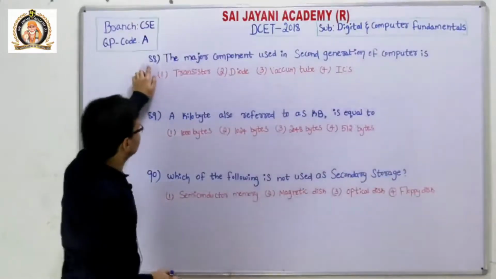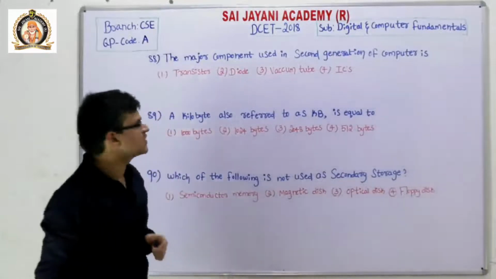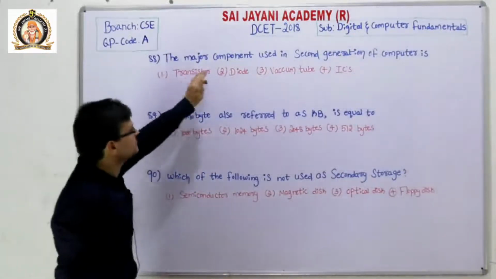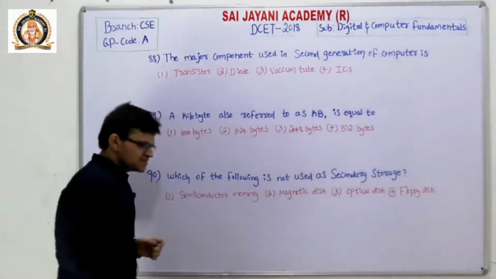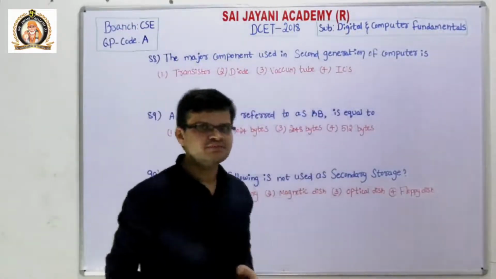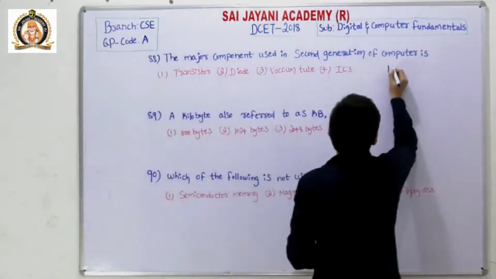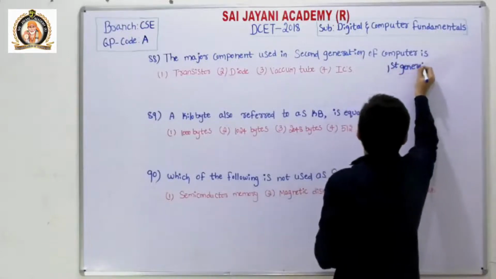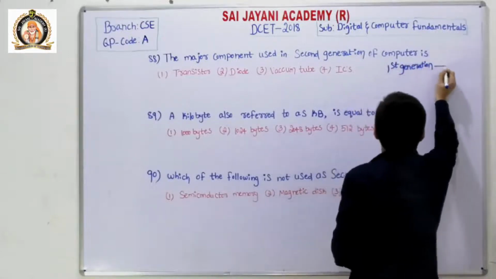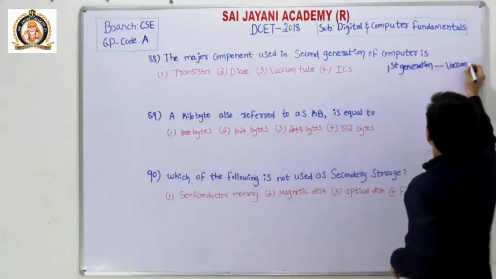Question number 88: the major component used in the second generation of computers is, we have four options: transistor, diode, vacuum tube, and ICs. The first generation computers were built by using vacuum tubes.